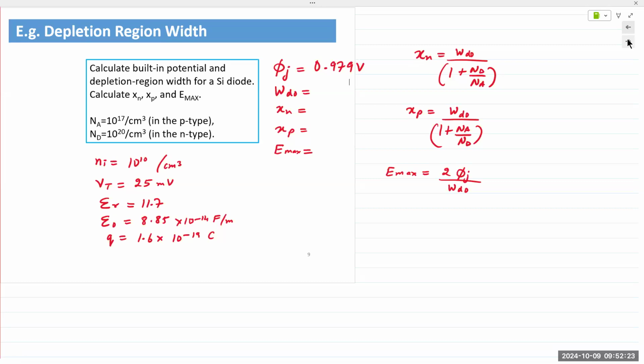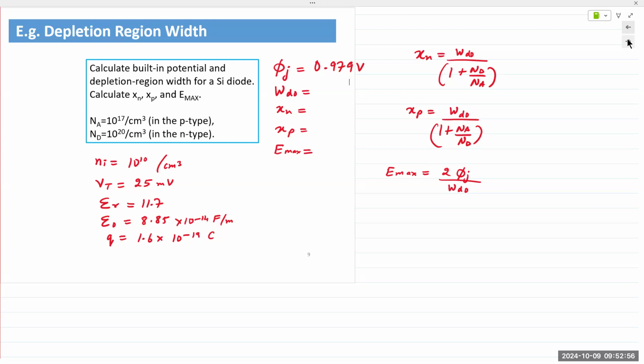How about for WD, the depletion region width? 11.26. The number is correct, but I think the unit prefix merged. So you said 11.26 microns, 10 raised to minus 6. I think you're one magnitude off, I think.